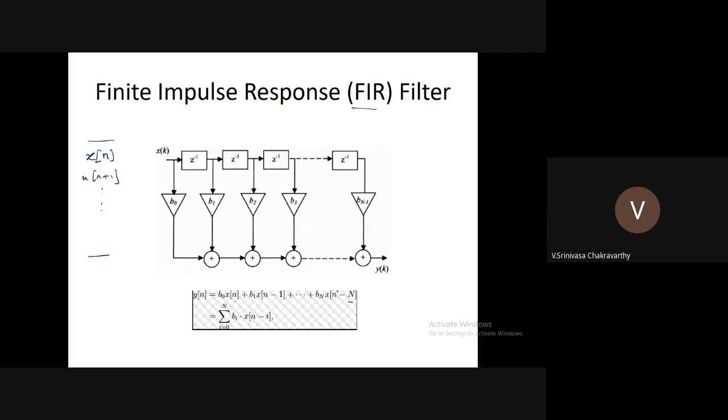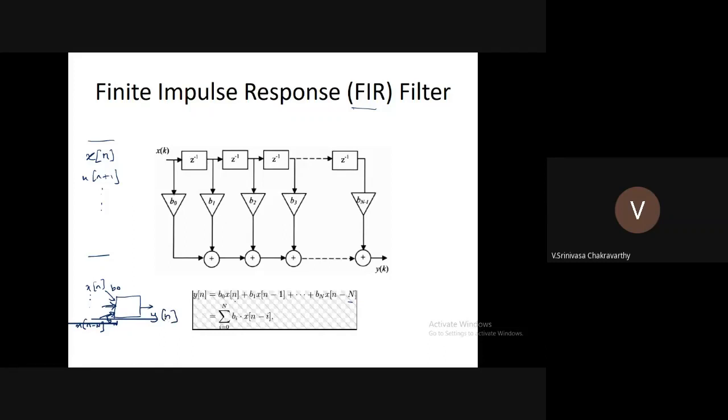So basically think of this as a box, right? The input to the box is all these samples, xn up to xn minus N, and the weights of these inputs are these coefficients b0 to bn. The output of this box is yn.